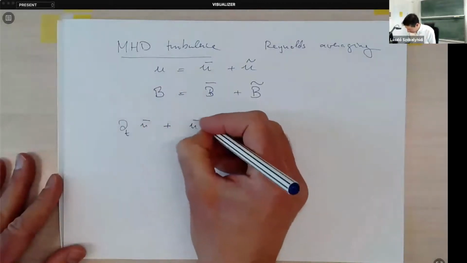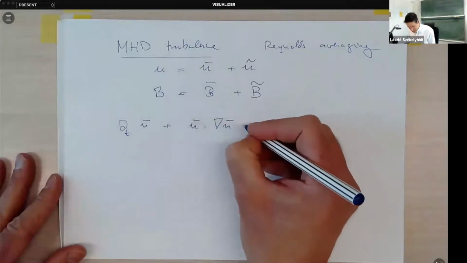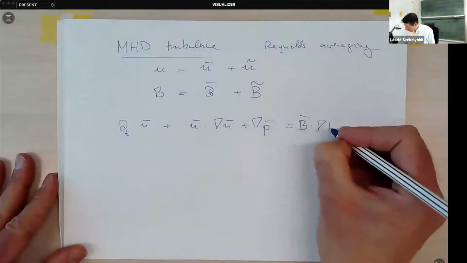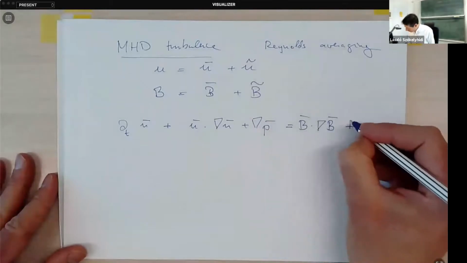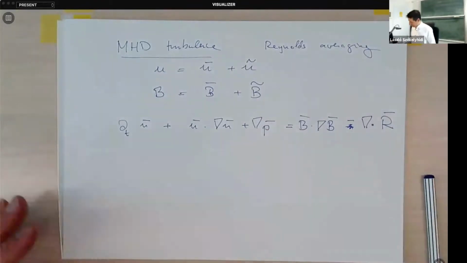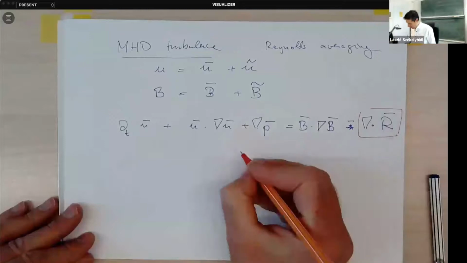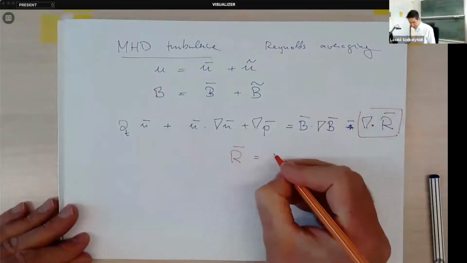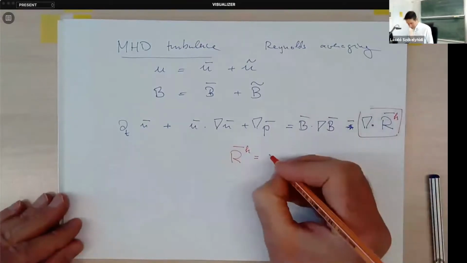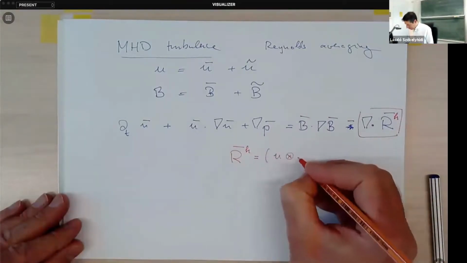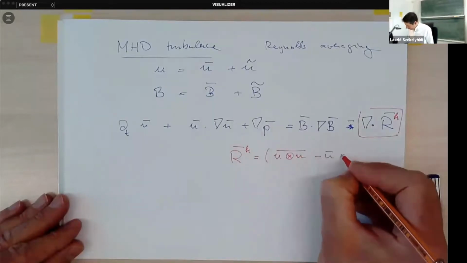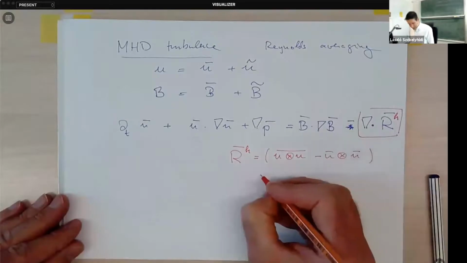That is, say, u dot grad bar u, plus grad p equal to b dot grad b, or let's say minus, divergence of a Reynolds stress term, where this R bar is of the form, well, let's say it's the hydrodynamic part. It's the difference between first product and then average, or first average and then product, and then you have the same for B.